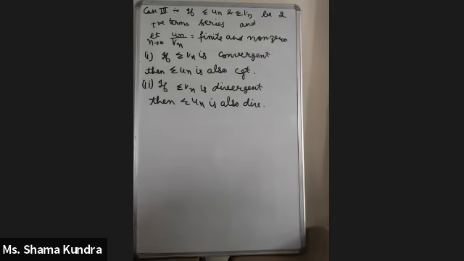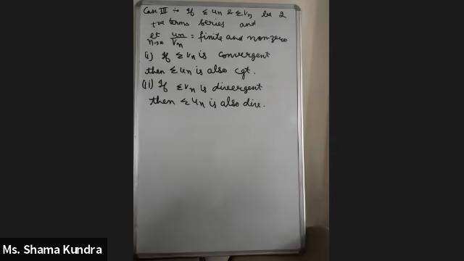If series Vn is convergent, then series Un is also convergent. And if series Vn is divergent, then series Un is also divergent. So the behavior of series Un clearly depends upon the behavior of Vn. Note one thing. In questions, only one series is given to you, that is the Un series.